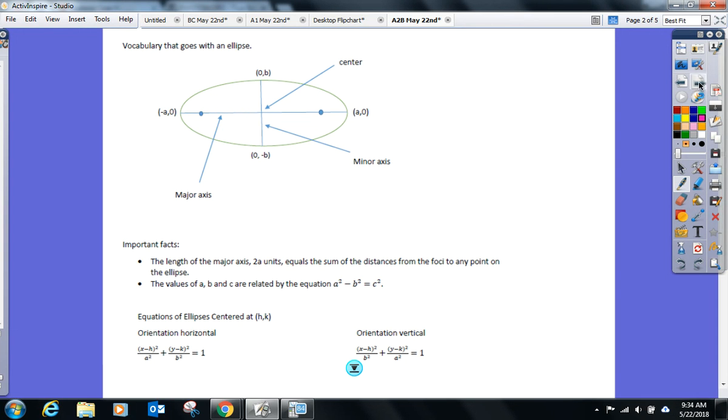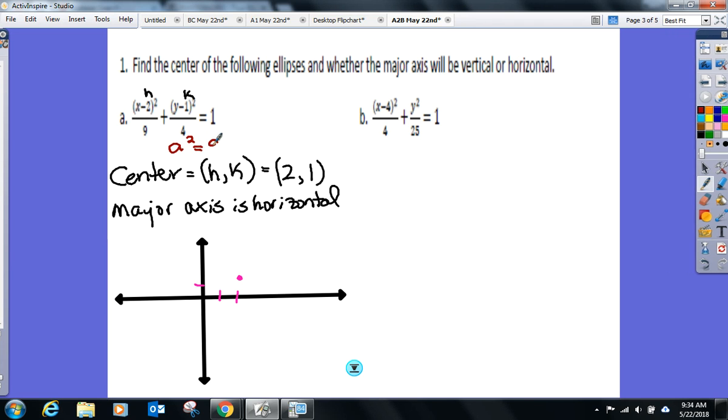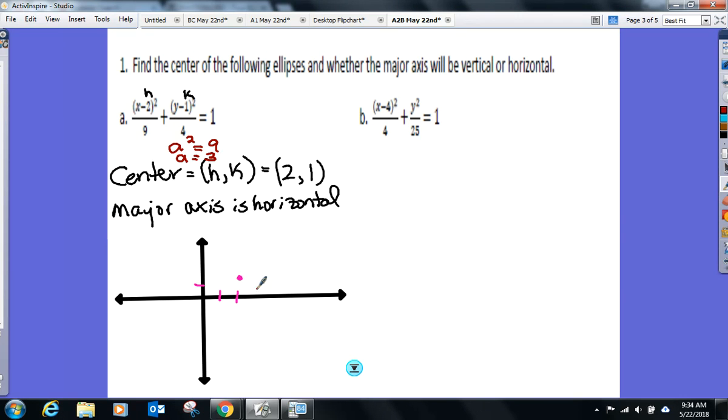Just stay with me here. So a squared is equal to 9. What's the value of a? A is 3. Here's what that means, guys. From the center, to locate another point on the ellipse, go 1, 2, 3 units to the right and 1, 2, 3 units to the left.